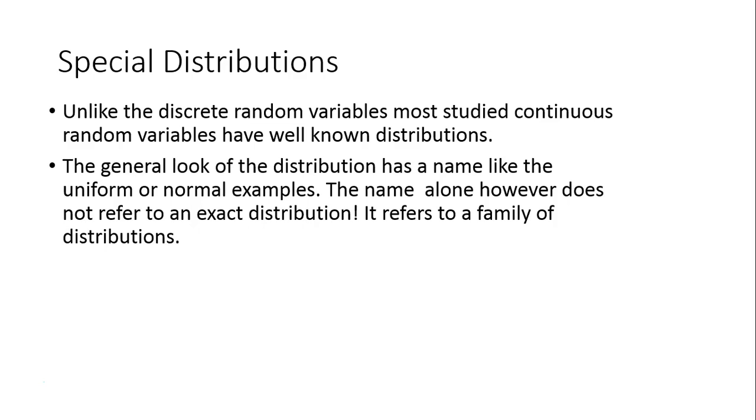The general look of the distribution has a name, like the uniform or normal examples. The name alone, however, does not refer to an exact distribution. It reflects a family of distributions. And again, these are special continuous distributions, because they have these families.